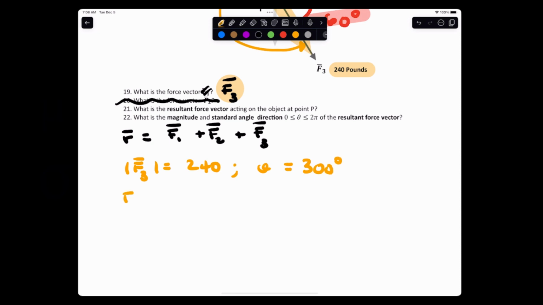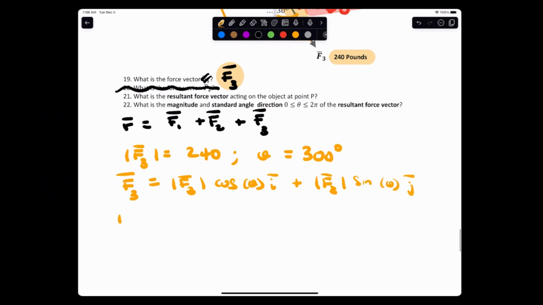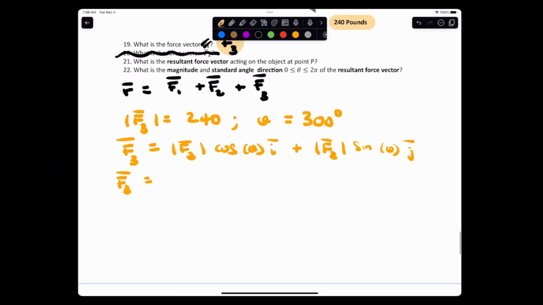Okay, so that means our third vector is the length of that third vector cosine theta i plus the length of the third vector sine theta j. So what's this going to be?